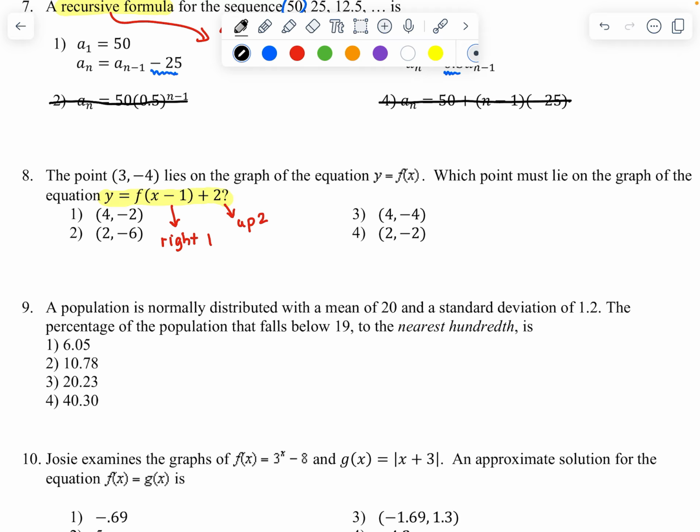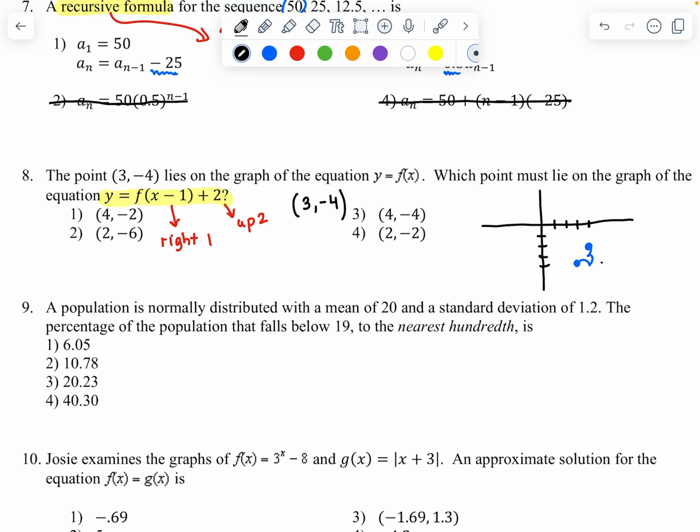Now, you could do this 2 ways. Some of you do not need a visual. I love a visual, okay? So for me, I would actually go 1, 2, 3, 1, 2, 3, 4. This is just me. If you don't need this, that's wonderful, okay? But I would go right 1, and then I'd go up 2, okay?